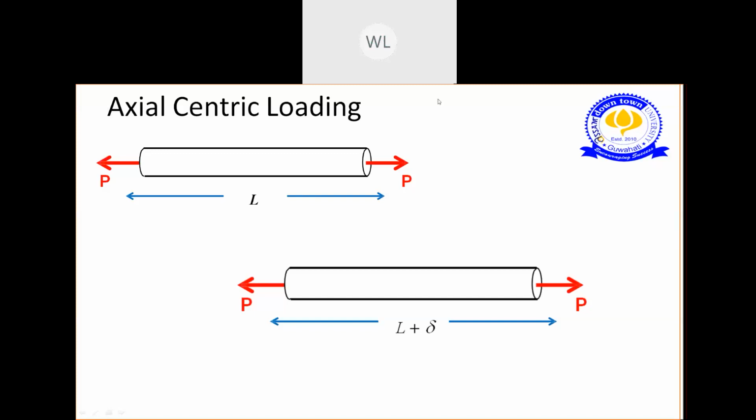So where we were, this is our member. We have applied an axial load. When I stretch this member to a certain extent, it gets elongated to a new dimension. Suppose earlier the length was 6 meter. Now the length becomes 6.5 meter.